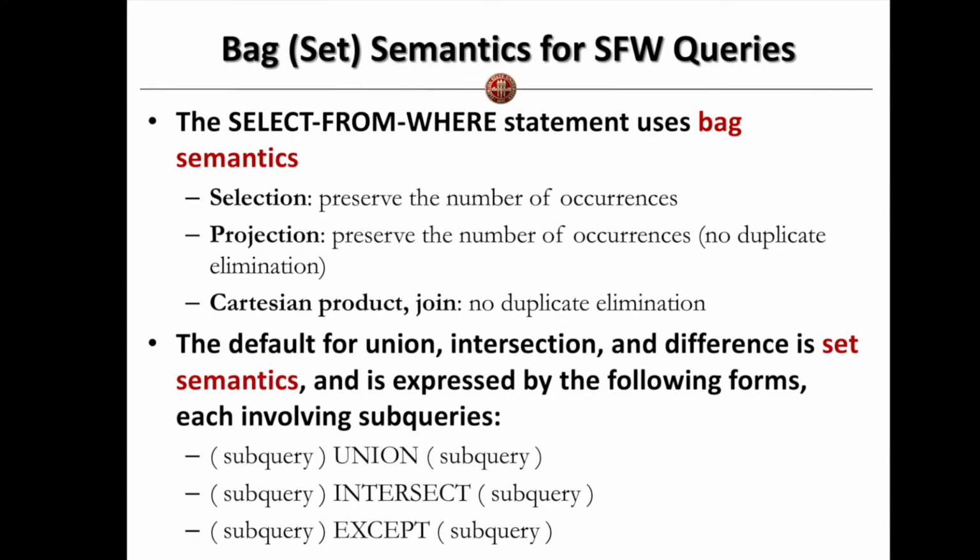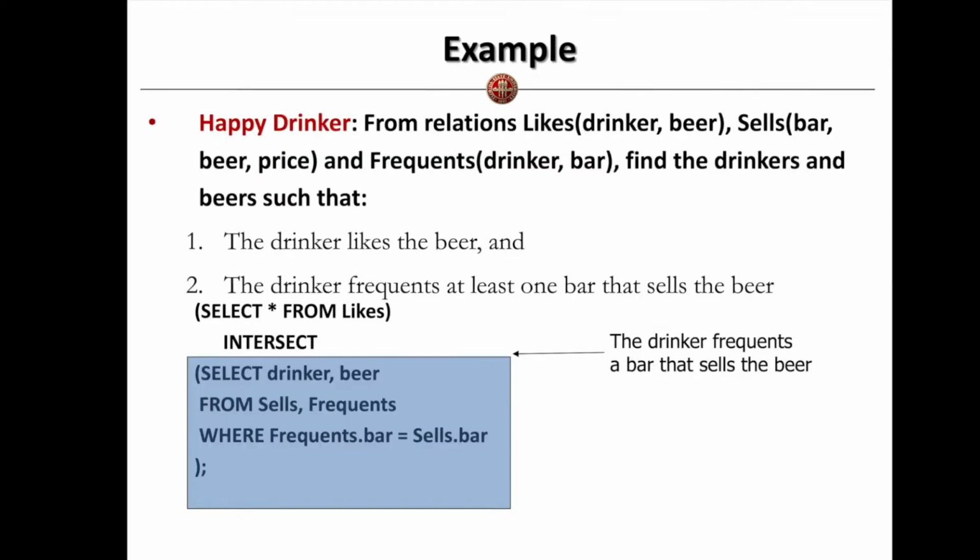So these two semantics can be very important because they can provide you with different results when you're doing your project or answering questions. If you don't know their differences, you can get very surprising results, which are not expected by you, right? Let's look at an example. On this page, we want to find the happy drinkers.